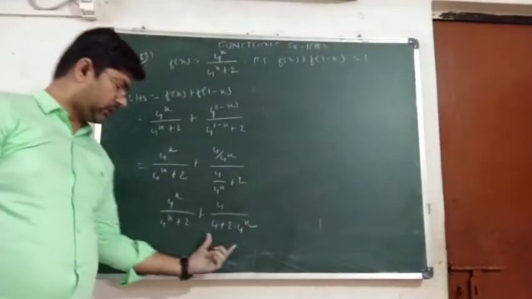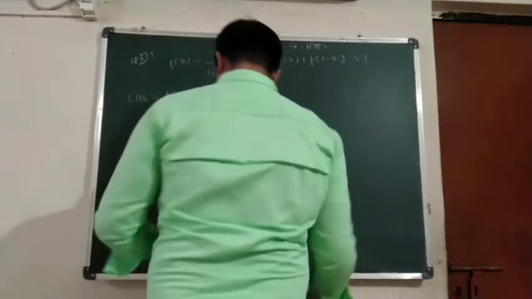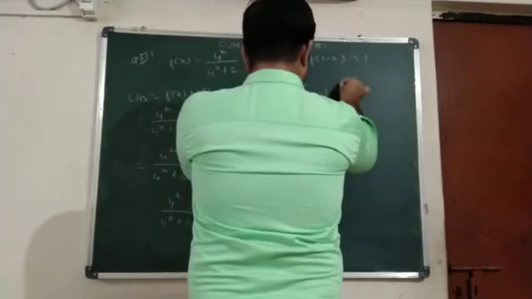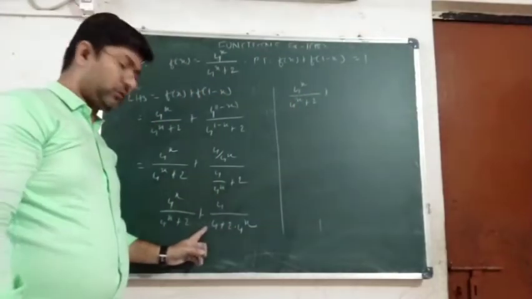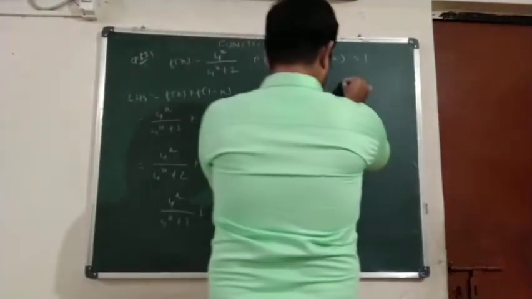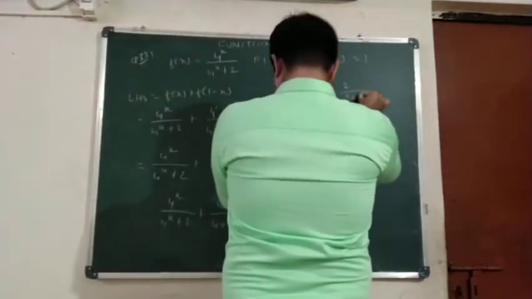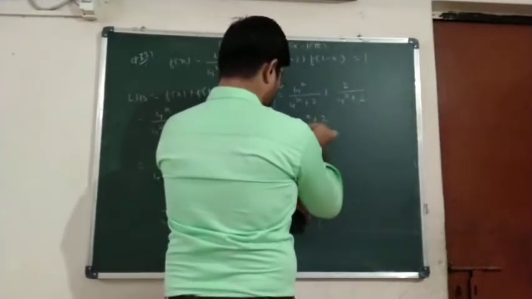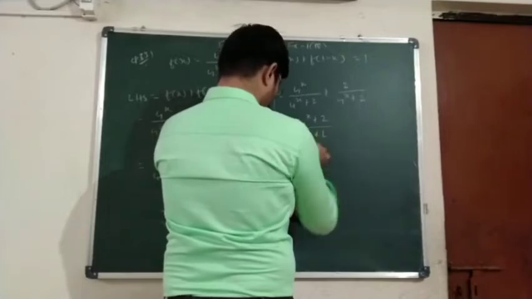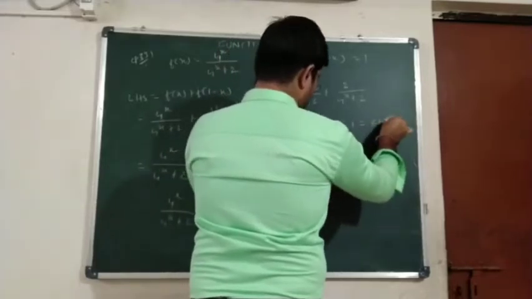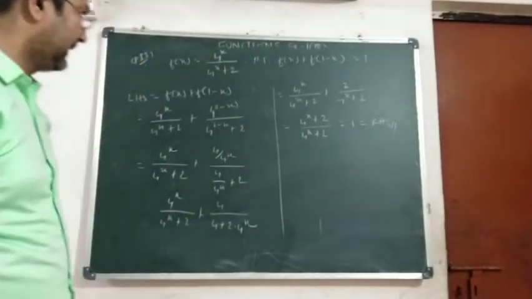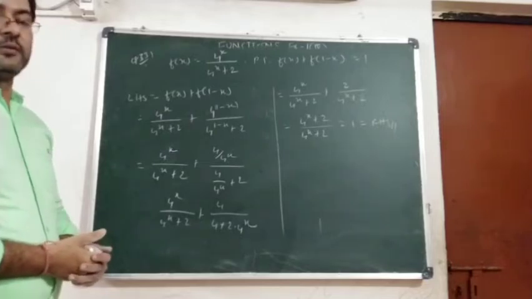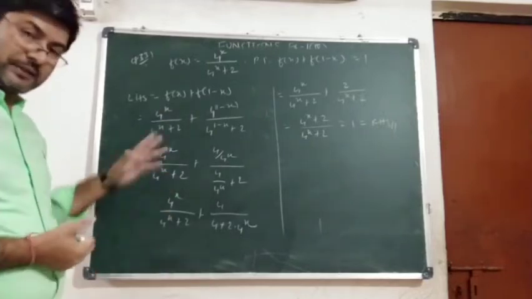From the denominator taking 2 common, we will get 4 raised to x upon 4 raised to x plus 2 plus, if you take 2 common from here, so 2 into 2 is 4, we are left with 2 upon 4 raised to x plus 2. Now if you take LCM, you will get (4 raised to x plus 2) upon (4 raised to x plus 2), which is equal to 1, and which is equal to the right hand side. Okay, please note down first. After you complete this, we will see the second part in the same question. This is part 1.